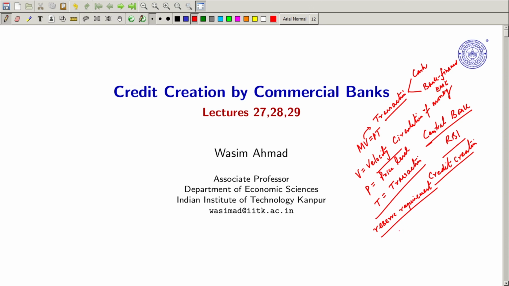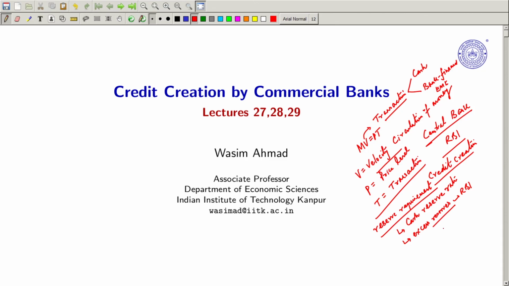Reserve requirement implies that we have two kinds of reserve. We have a cash reserve, which banks have to keep with the central bank, the cash reserve ratio. And then there is something called excess reserves, which banks keep, and they can use this money for lending. But when they are not able to lend this excess reserve, they can also keep it with the RBI, and RBI pays the repo rate.